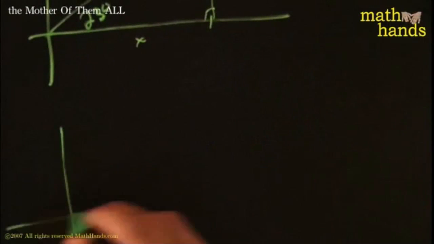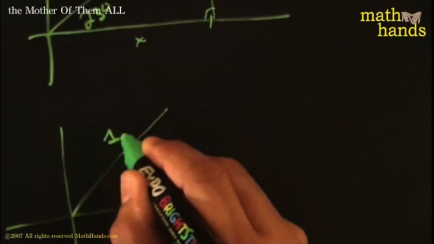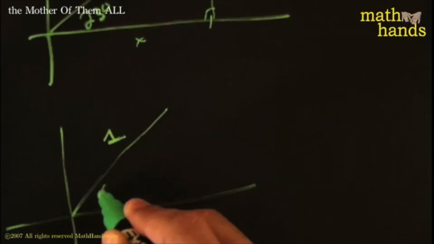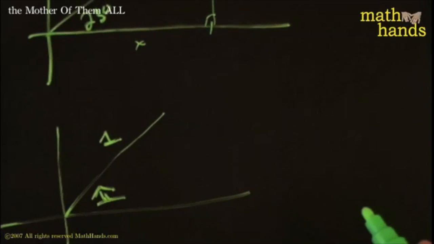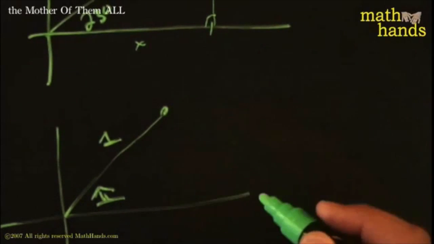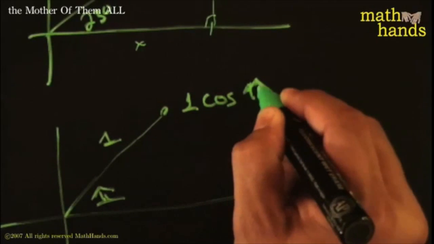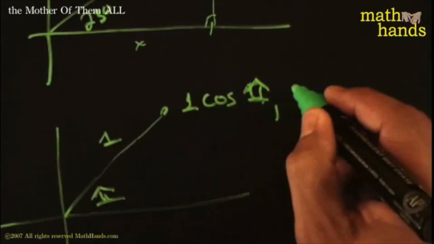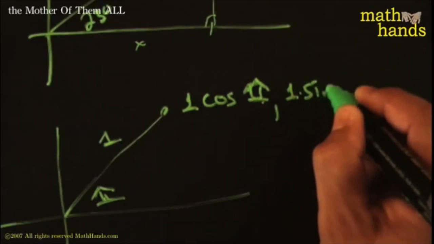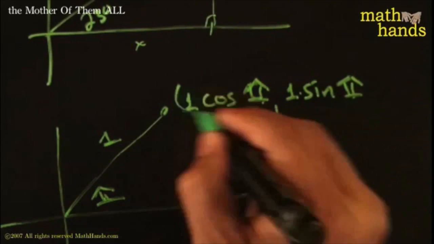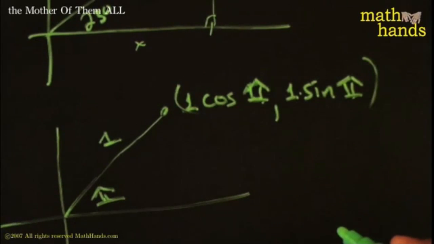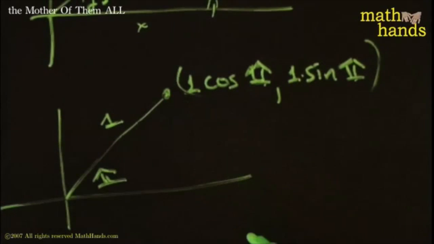We'll try that again. Suppose that this guy is 1 and this is a house. Okay, what are the coordinates here for this point? There will be 1 cosine house and 1 times sine of house, and those would be the exact coordinates for this point right here.